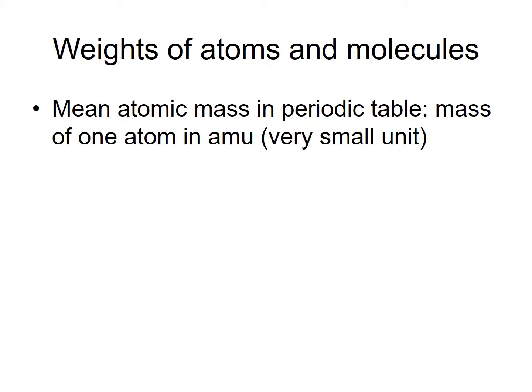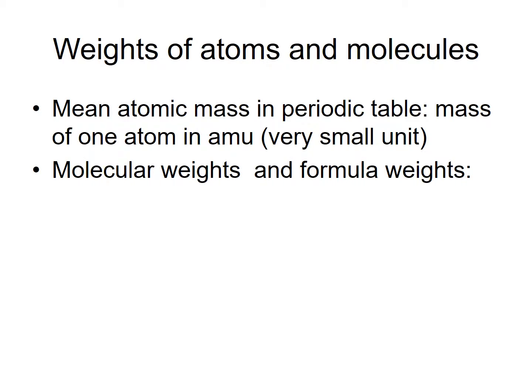We're going to find in the next class a different way of expressing the same thing, but right now we just think of the masses of atoms as being expressed in these very small atomic mass units.